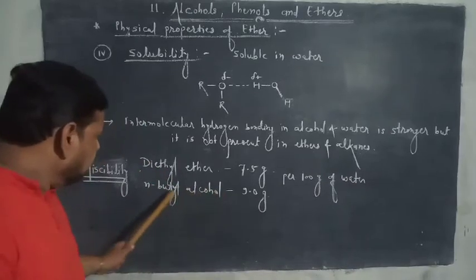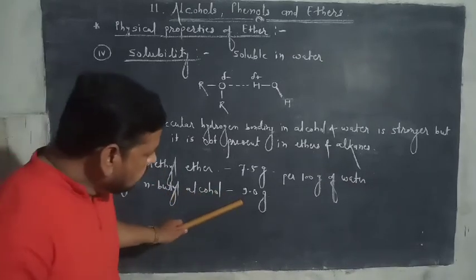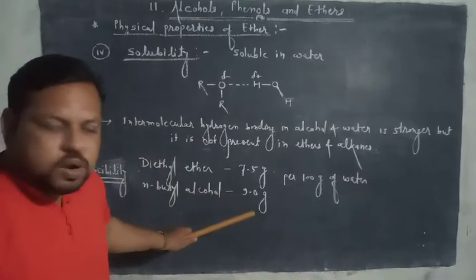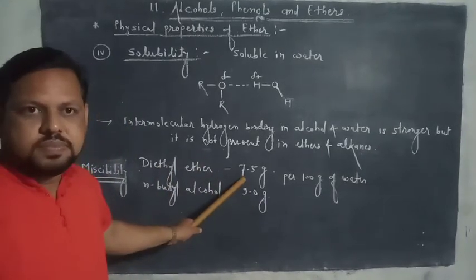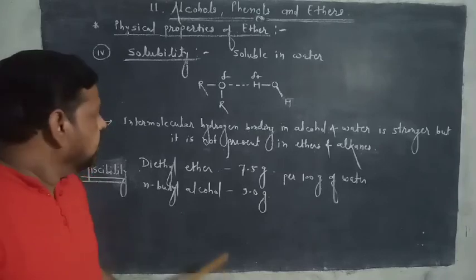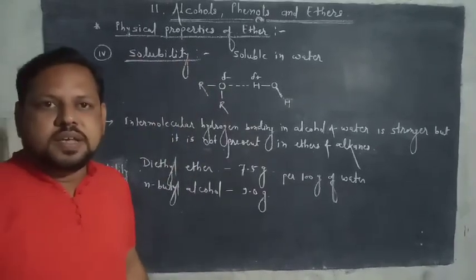That means the miscibility of n-butyl alcohol is greater than that of diethyl ether. In this way, the physical properties of ethers are completed.